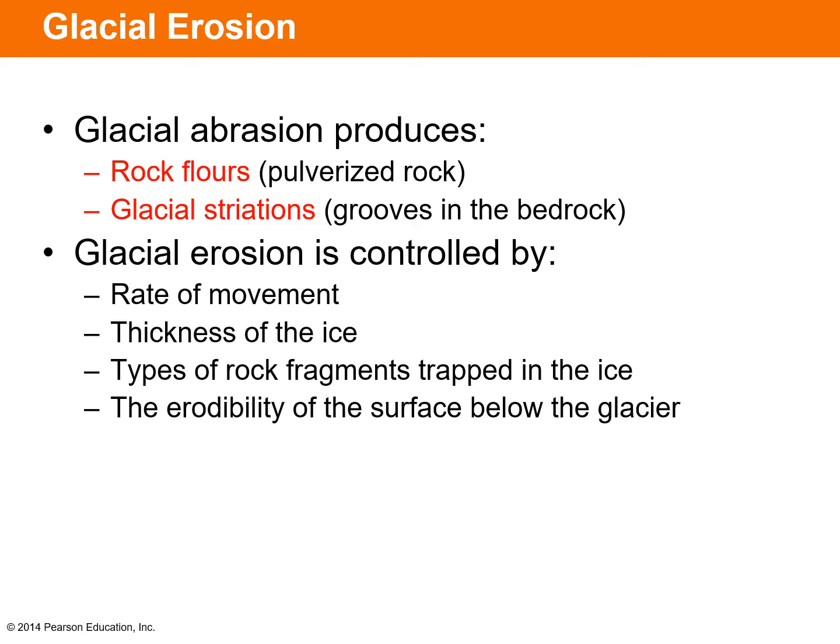And then the erodibility of the surface below the glacier. Again, if you have extremely soft rock below a moving glacier, then the rock fragments are more likely to cause additional abrasion, versus if you have very solid rock below the glacier, then the rock fragments trapped in the ice are less likely to cause very significant abrasion and erosion.